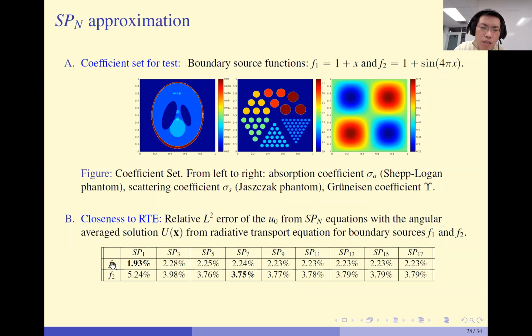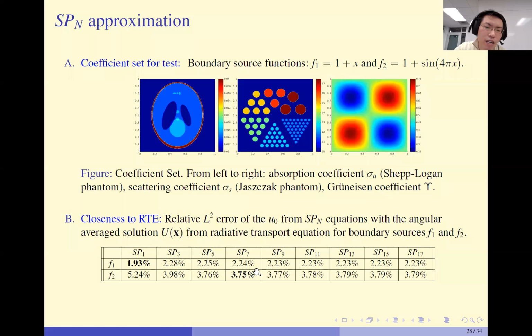You can see for the first source, the SP1 approximation actually gives you the best approximation, and the rest have a little bit more error. For the second source function, SP7 gives you the best approximation, and the rest give you a little bit more error. So it is just trying to show the previous argument that the SPN is not necessarily the true model. It will give you some error depending on the setting, but you can see this error in our experiment is not necessarily large. So if your noise is like 5%, then the modeling error is not significant.